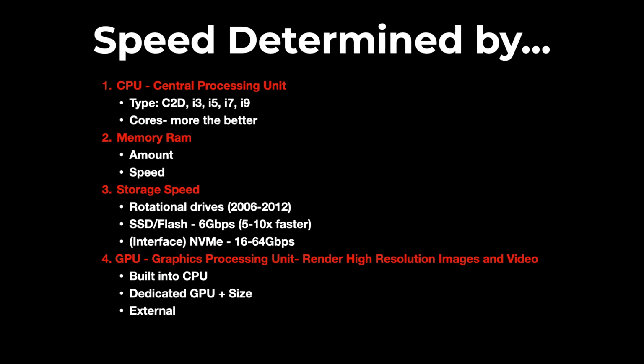Usually RAM, you want to get about 8 gigabytes nowadays. 8 is good. 4 is on the fringe there, but 8 is standard. 16 is great. Especially for photo editing and video editing, for sure you need 16. So your GPU is either built into the CPU or it's dedicated and it's by itself. And a lot of the better computers have larger GPUs.